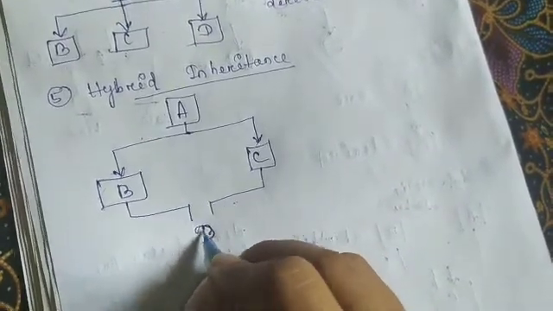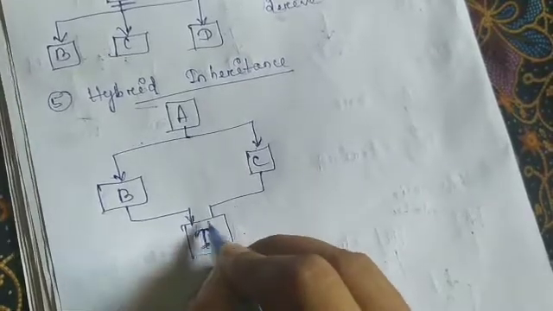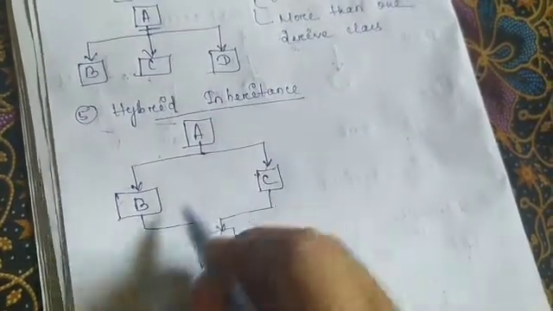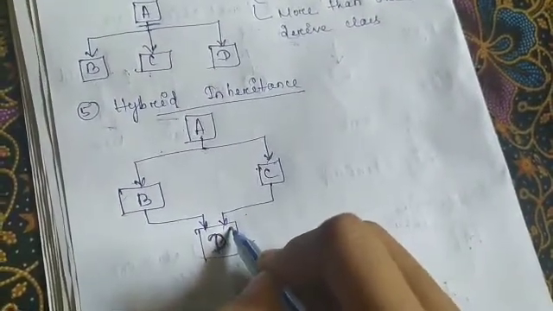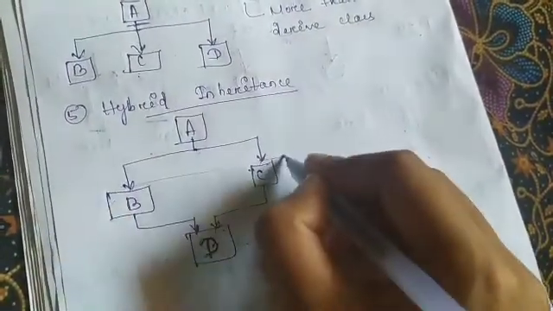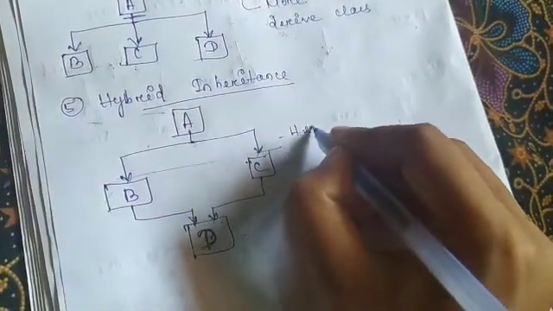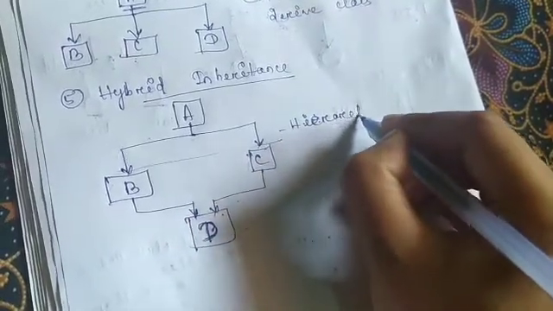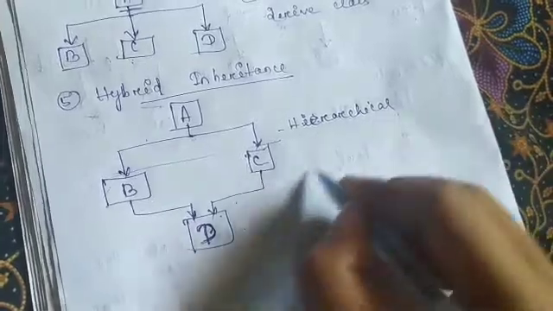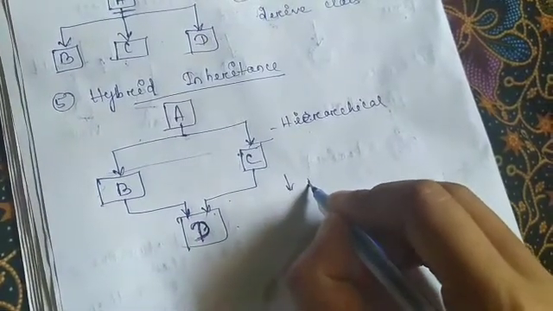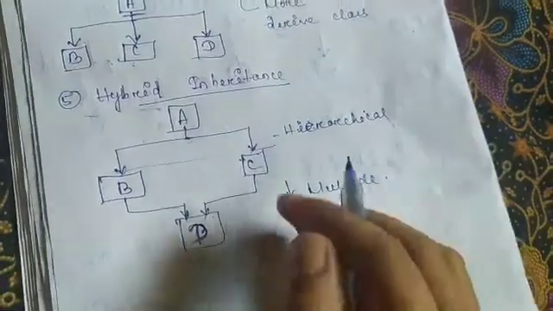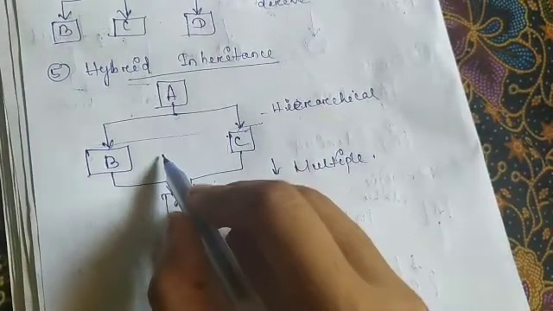Here, as you can see, this part is the example of hierarchical inheritance, and this part is the example of multiple inheritance. Up to here it is hierarchical, and from here on it is multiple. Then what will be the example?